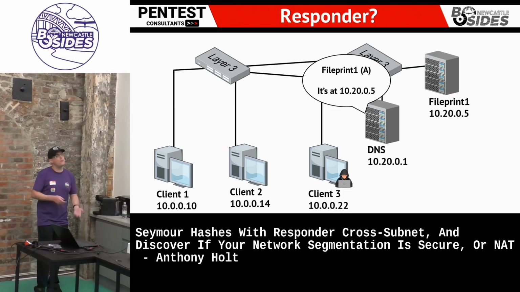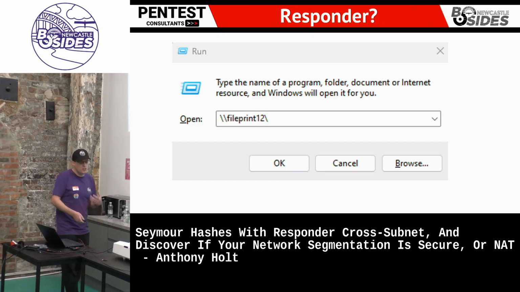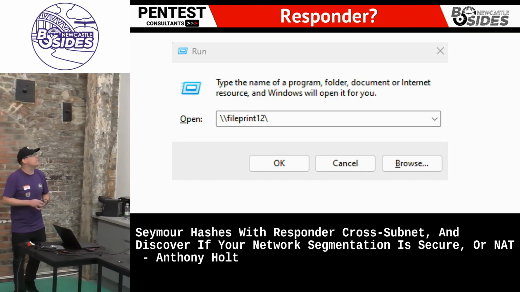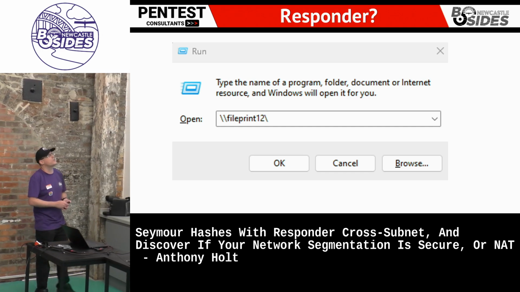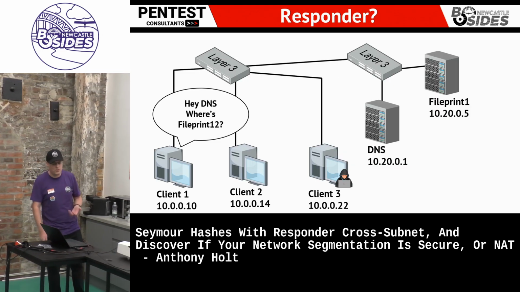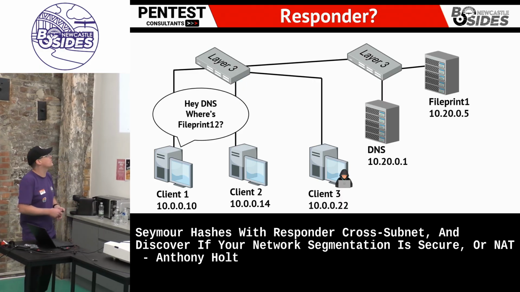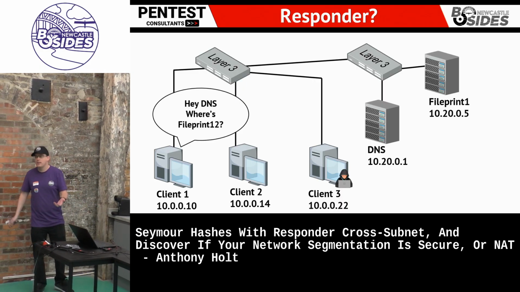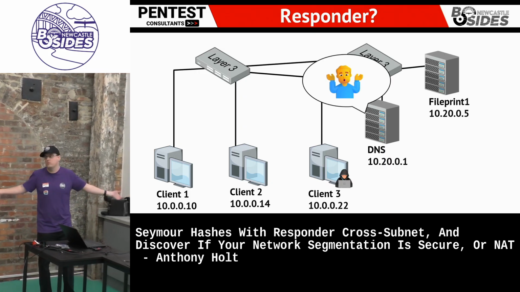But what happens when that falls down? Say you're like me and you sometimes mistype things. You type FilePrint12 because you've caught the 2 key at the same time as the 1 key when you've pressed backslash. What happens is your machine sends a message to the DNS server and says, where's FilePrint12? And the DNS server says, don't know.